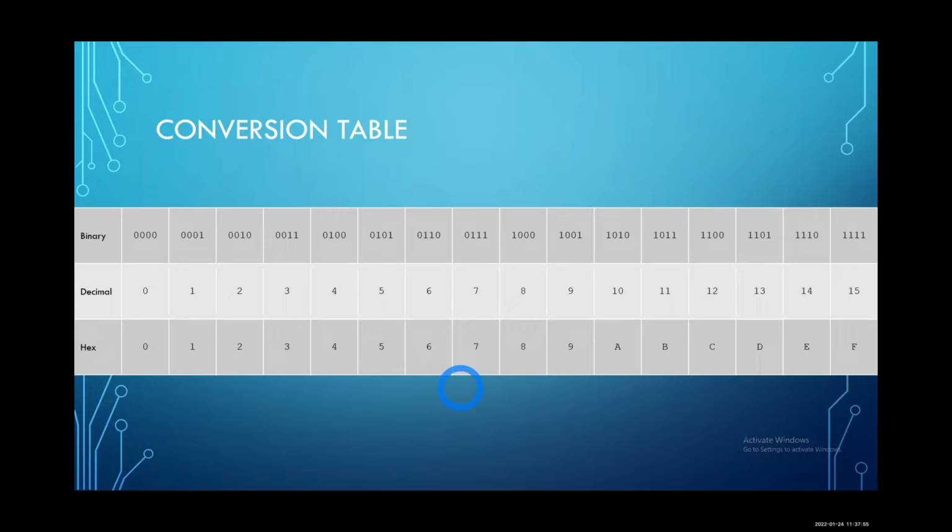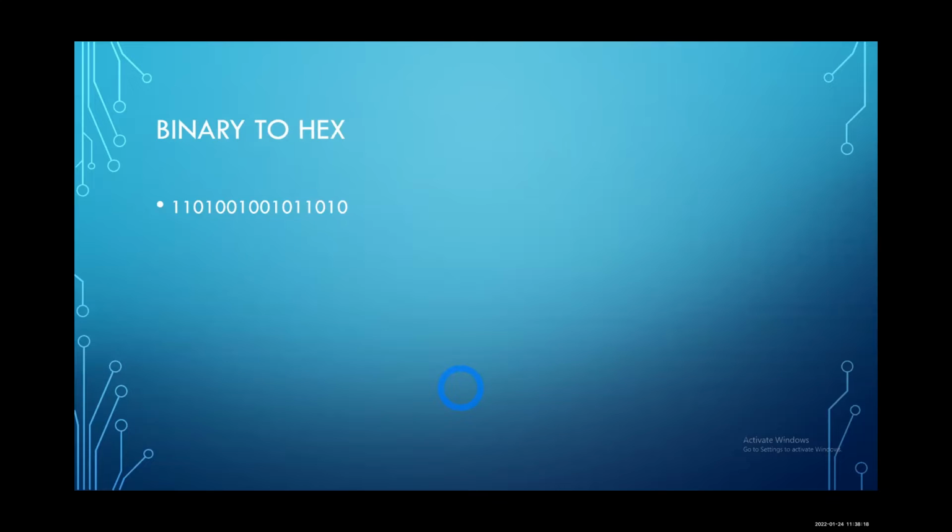In hex, if I have an A, that's 1010 in binary, or a 10 in decimal. So again, this was just to reduce the number of numbers that we see on a screen, from a human readability standpoint.